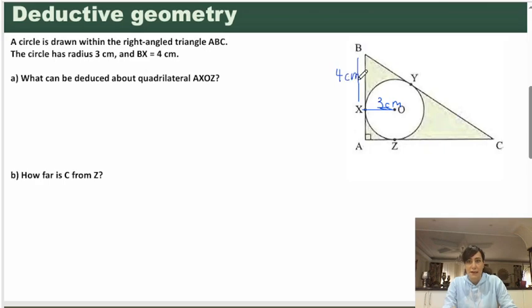For part A, it asks what can be deduced about quadrilateral AXOZ. Let me join this point as well. I am going to show what kind of quadrilateral we have here, AXOZ. First of all, I try to use two rules here.